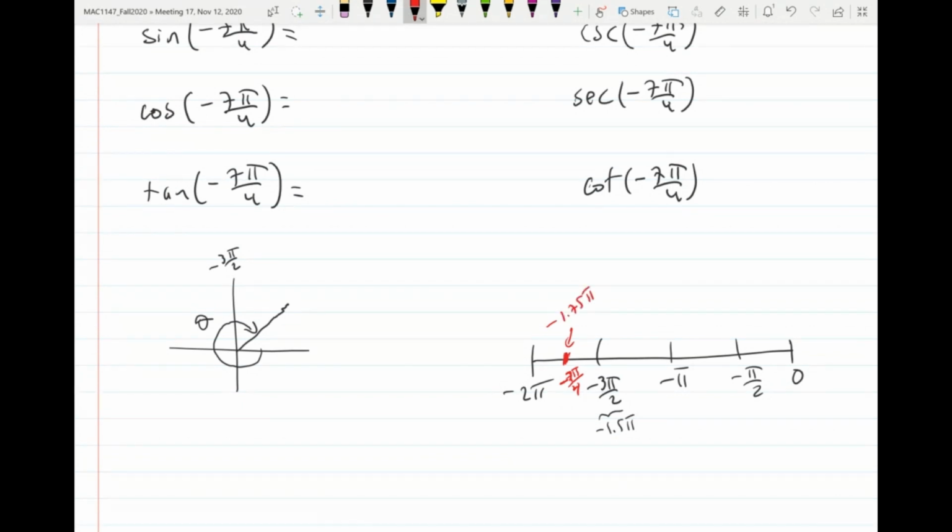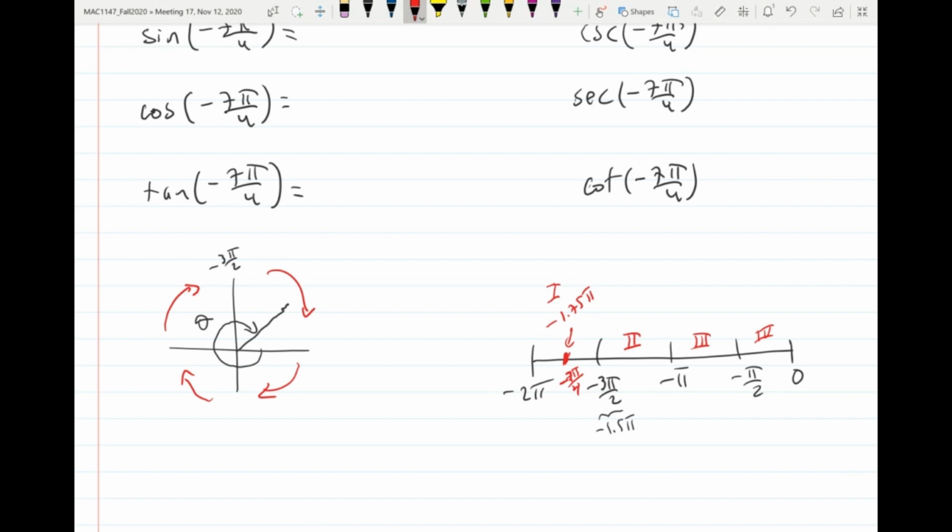Okay, so it's in that quadrant, and as you know, in this picture, this one represents quadrant 4, that's this one right here, right? Then this one represents quadrant 3, that's this one right here. This one represents quadrant 2, that's this one. And then finally, this one represents quadrant 1, which is this one. So is everyone okay with how to figure out the location? Now we'll talk about the reference angle.